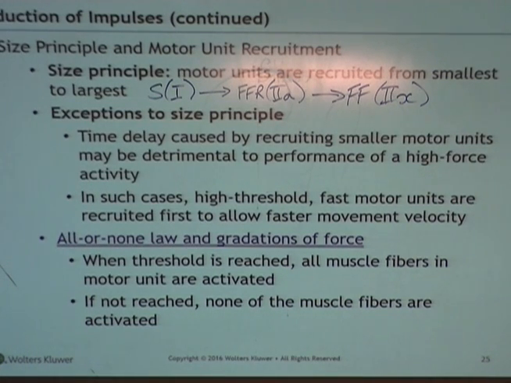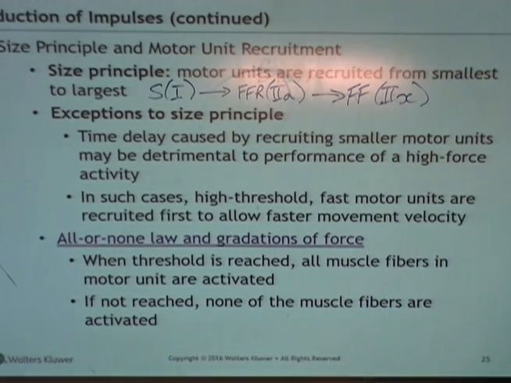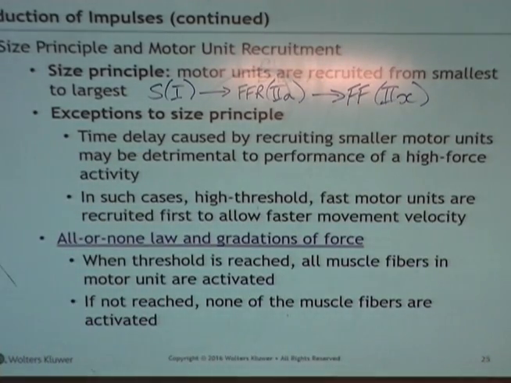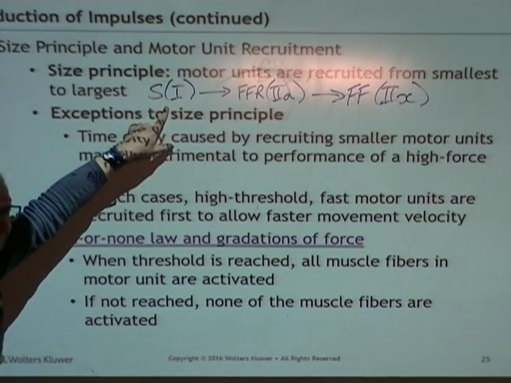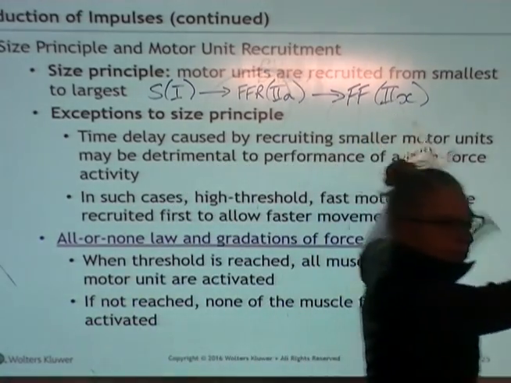That's really useful because if I'm a sprinter, whether I'm a swimmer or a runner, I've got to react to a start gun or a flag or whatever it is I'm reacting to start the race. So if I'm in the blocks and the start gun goes and I recruit these, by the time I get here, everybody else has finished the race.